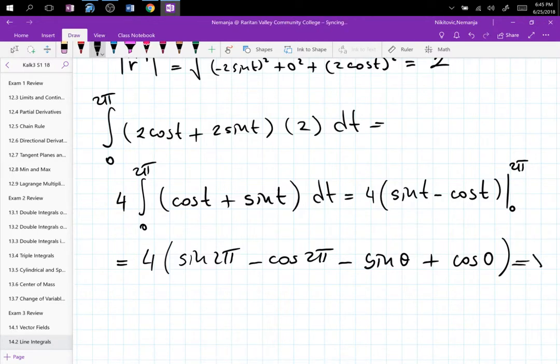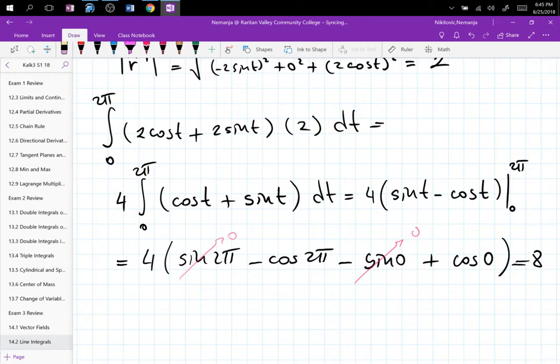Wait, it's negative. I didn't plug in the actual values. You get negative 4 cosine, and then you subtract the last cosine. It's supposed to be minus; it's a minus and a minus in the fundamental theorem of calculus.